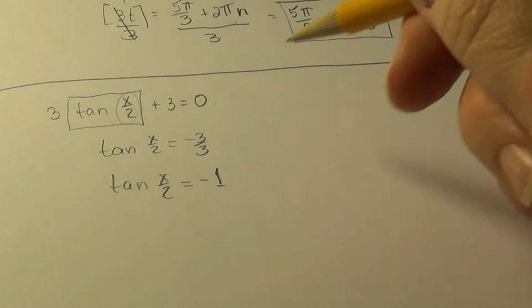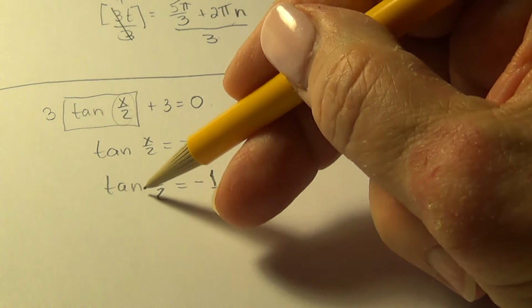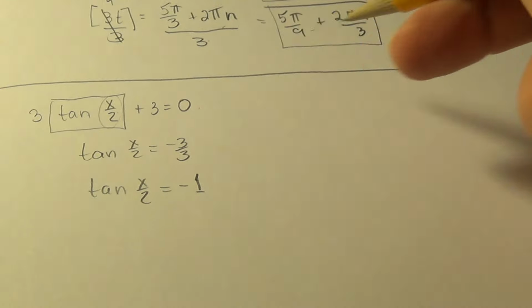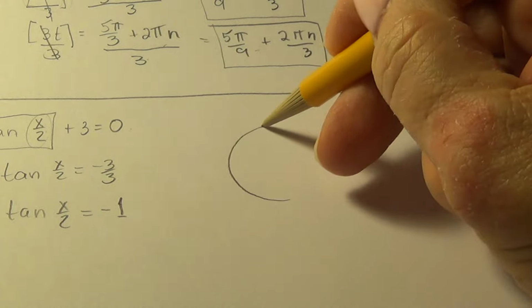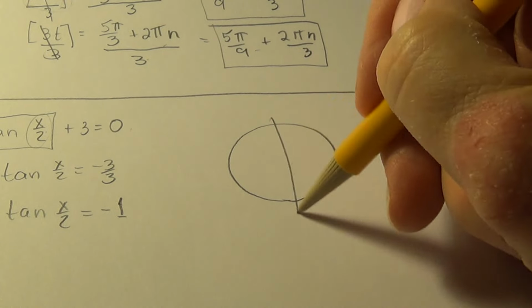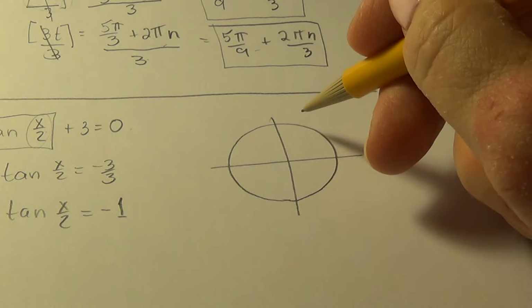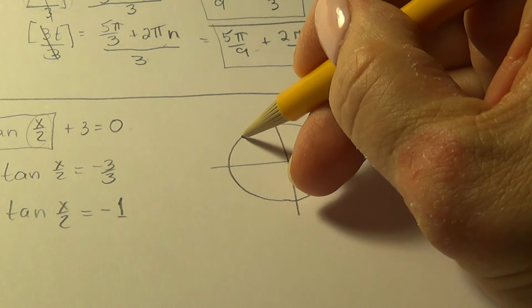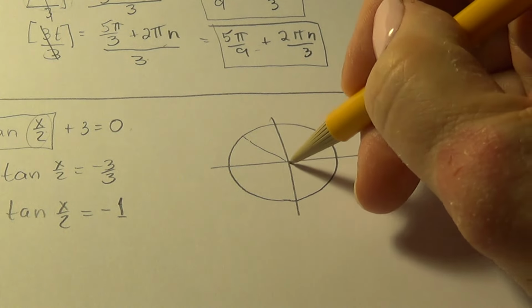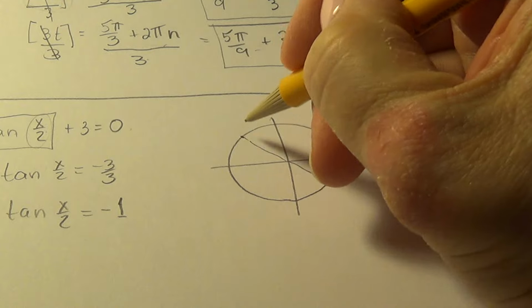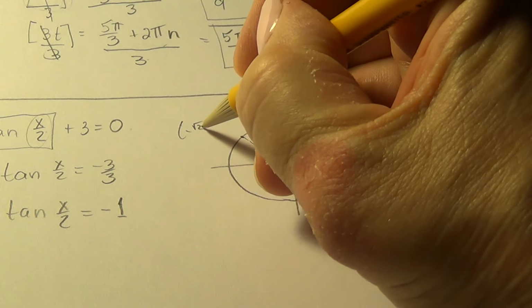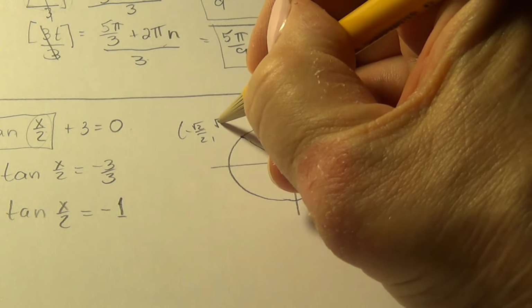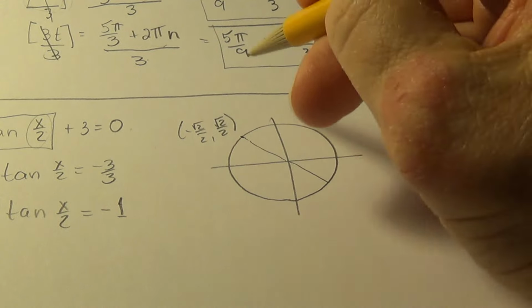Now, I'm wondering where the tangent of something equals negative 1. And I know tangents are negative in this quadrant and this quadrant. And if I look here, I get minus square root of 2 over 2 and positive square root of 2 over 2.